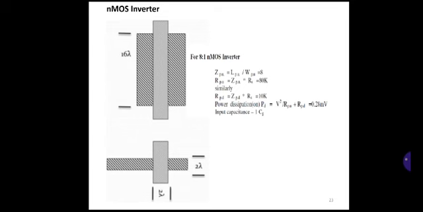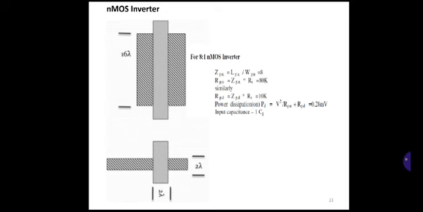So RPU is 8 into 10 kilo ohm, which is 80 kilo ohm. Similarly, RPD, the resistance of the pull down transistor, is equal to ZPD into RS. ZPD is 2 lambda by 2 lambda, which equals 1. So 1 into 10k is 10k.